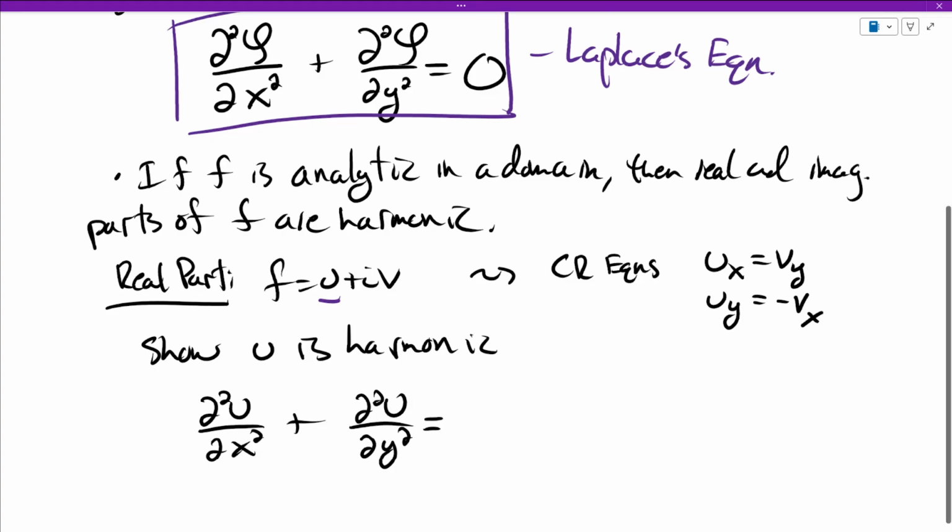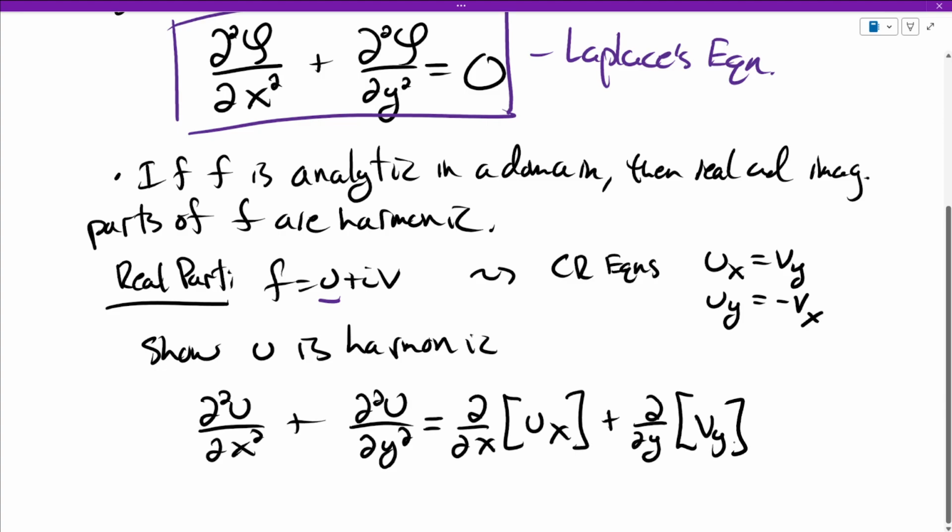Let's start by rewriting this. This is the partial derivative with respect to x of ux plus the partial derivative with respect to y of uy. That's what it means to differentiate twice.